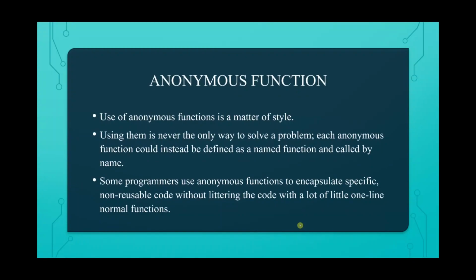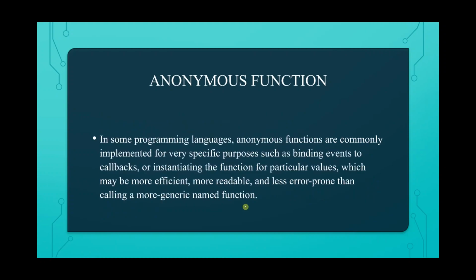So anonymous function, this is what it's all about. The use of anonymous functions is a matter of style. Using them is never the only way to solve a problem. Each anonymous function could instead be defined as a named function and called by its name. Some programmers use anonymous functions to encapsulate specific non-reusable code without littering the code with a lot of little one-line normal functions.